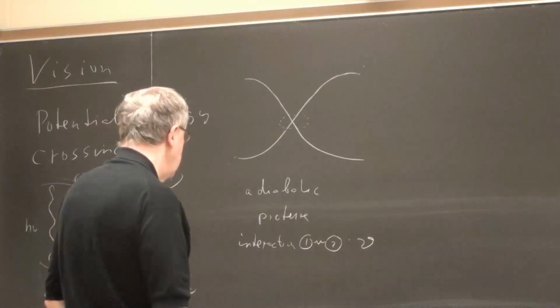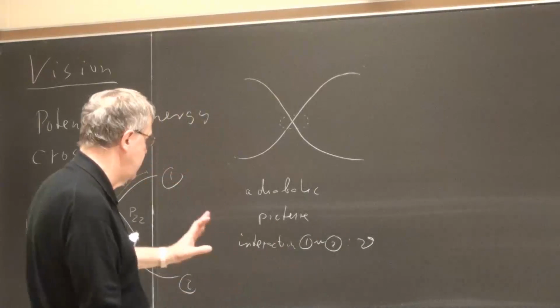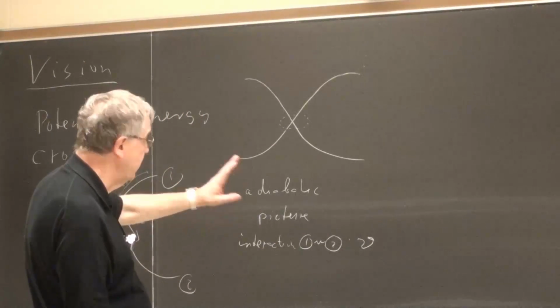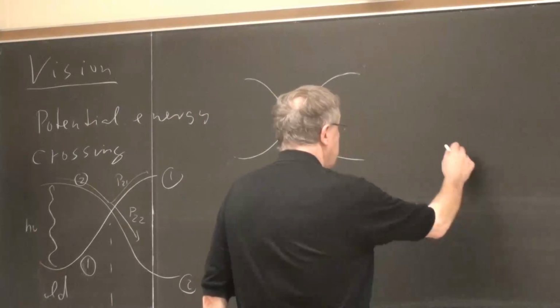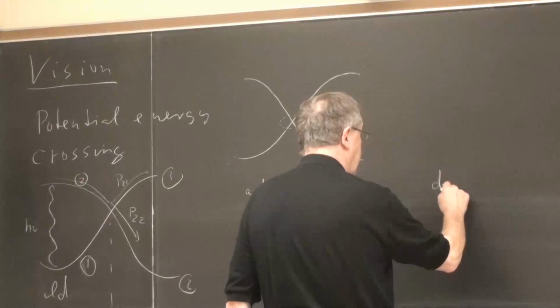Okay, and so now we can actually have two pictures. This is one way of describing it. And another way of describing it, we call a diabatic picture.